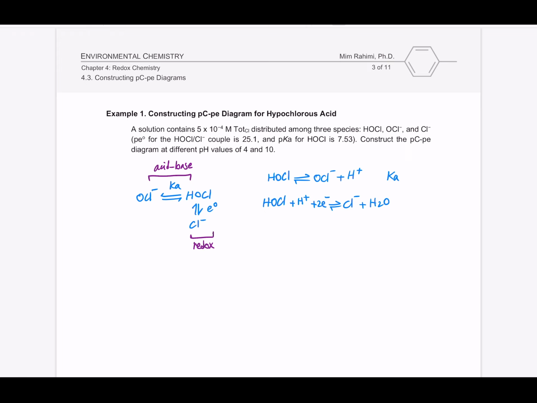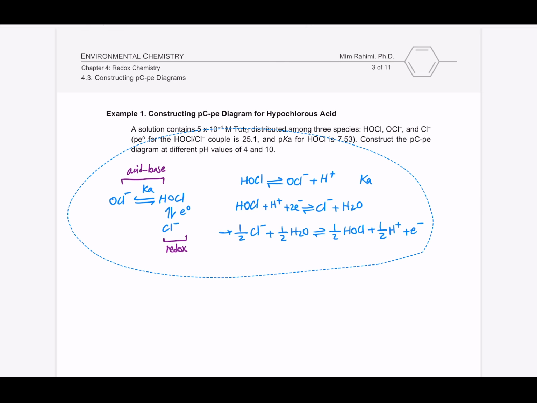We can't use E0 for this reaction. We have to make it in the standard form. So that means producing only one electron. And now we can use E0 for this reaction.